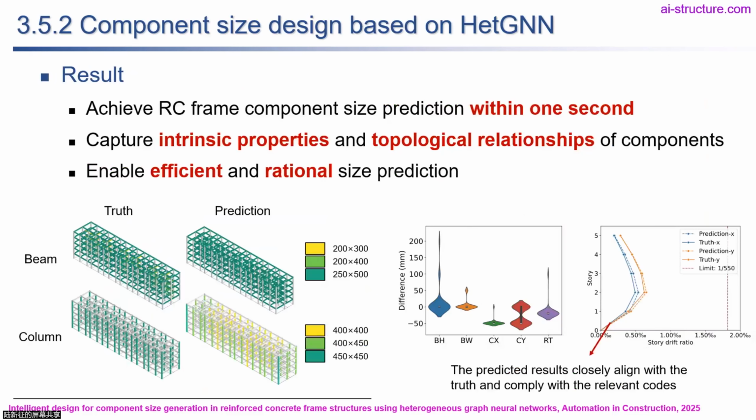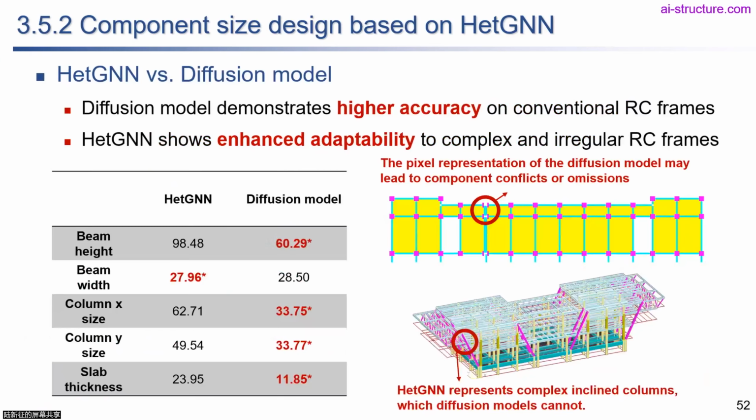And here is the result. Our section prediction with the GNN also has a very good result and is very efficient. Because the section prediction by GNN and by diffusion model were finished by two different students, they always debate which model is better. And here is our conclusion.